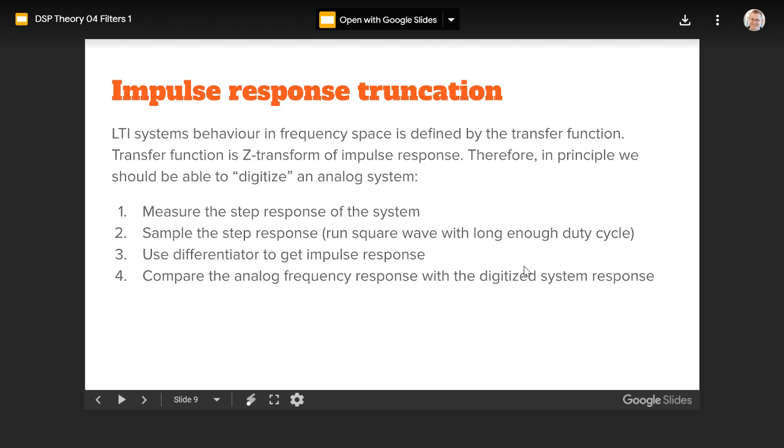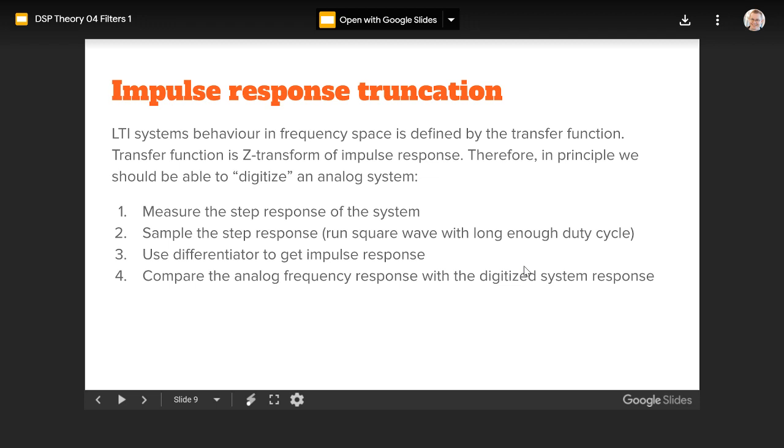Okay, so that would be the h of t, not h of t, that's the step response. What you then do is sample it, so you have S of n times the sample time, and then times a window. So you are basically cutting it by multiplying with a time window.